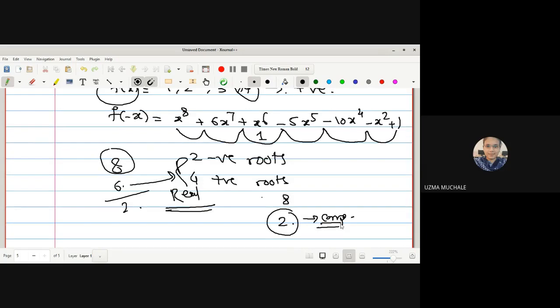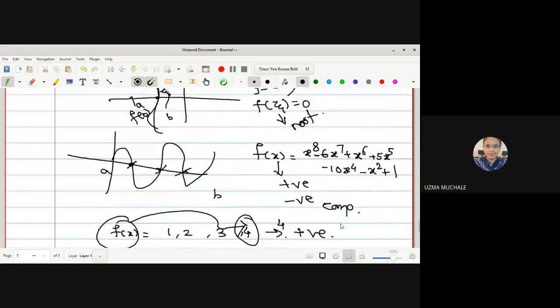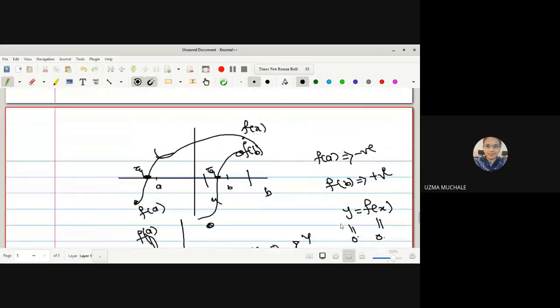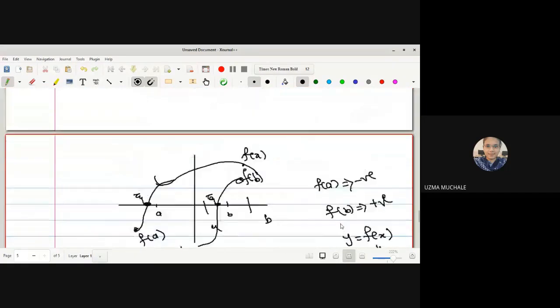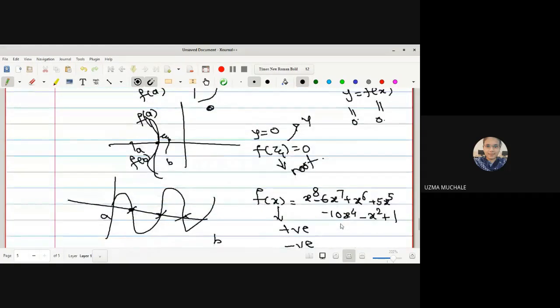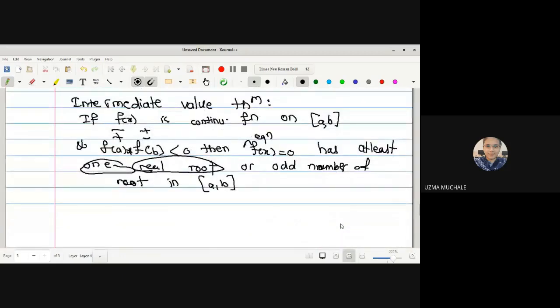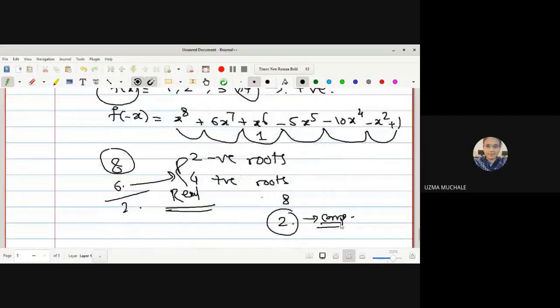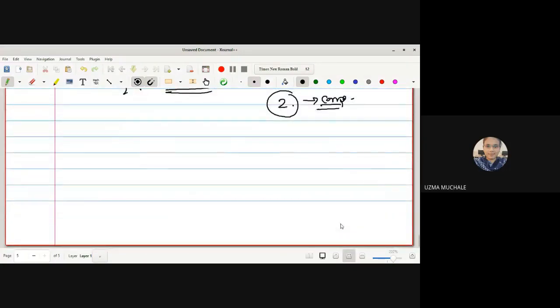Okay, so this is the technique we are using for finding the number of positive, negative, and complex roots. Okay, so we have studied this intermediate value theorem. Any doubt with this intermediate value theorem? No, ma'am. If not, let me go for the next one, that is bisection method.